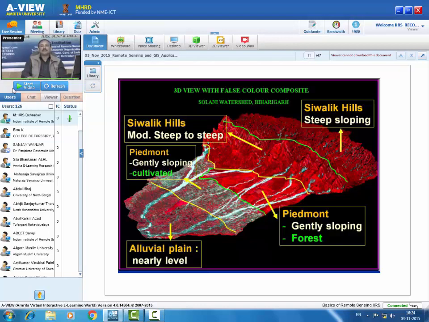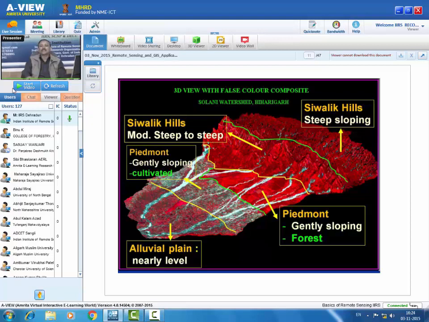Now the third variation, as I told you, is the organism, land use, land cover. You see the entire area is forest, so I can say the entire area is forest in the Shivalik hills with steep sloping. So everywhere the soil forming factors are the same, here and here.